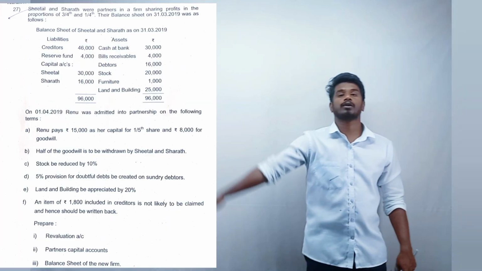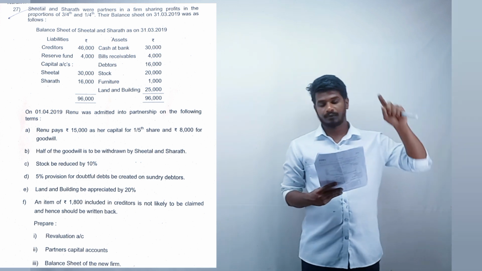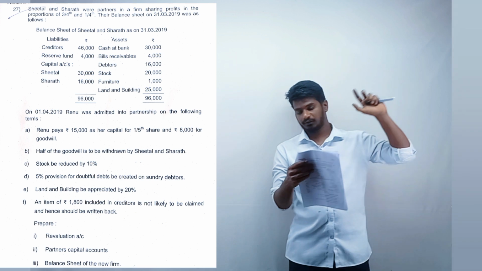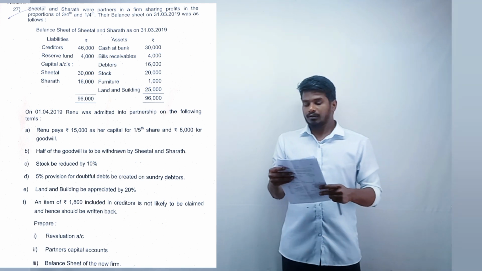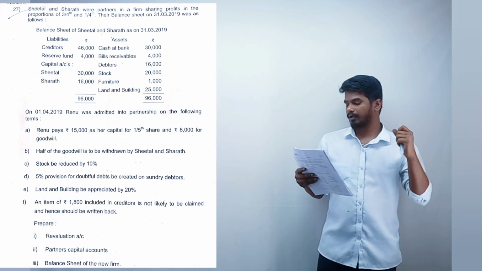So let us start. You can see the question on the board. Sheetal and Sharat were partners in the firm, sharing profits and losses in the ratio 3/4 and 1/4. They have given a balance sheet and some adjustments, right?